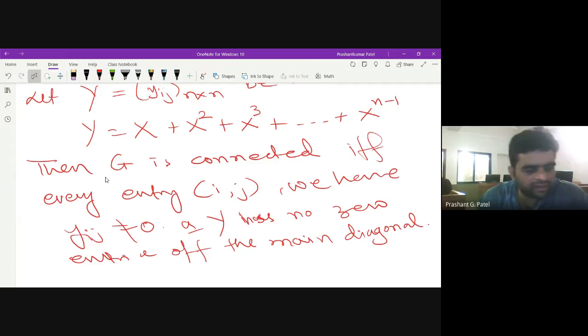Then you can say that the graph G is connected. So if you have the adjacency matrix, using it you can say whether the given graph is connected or not. Let's take an example.